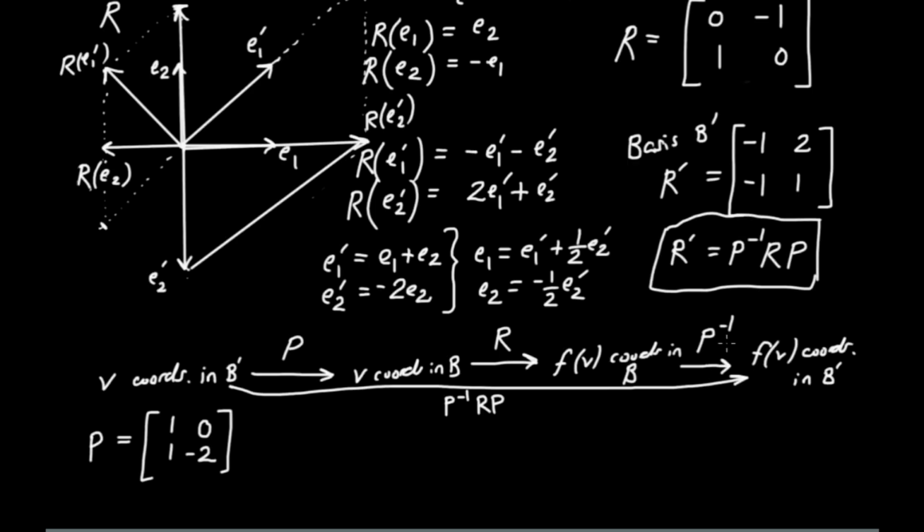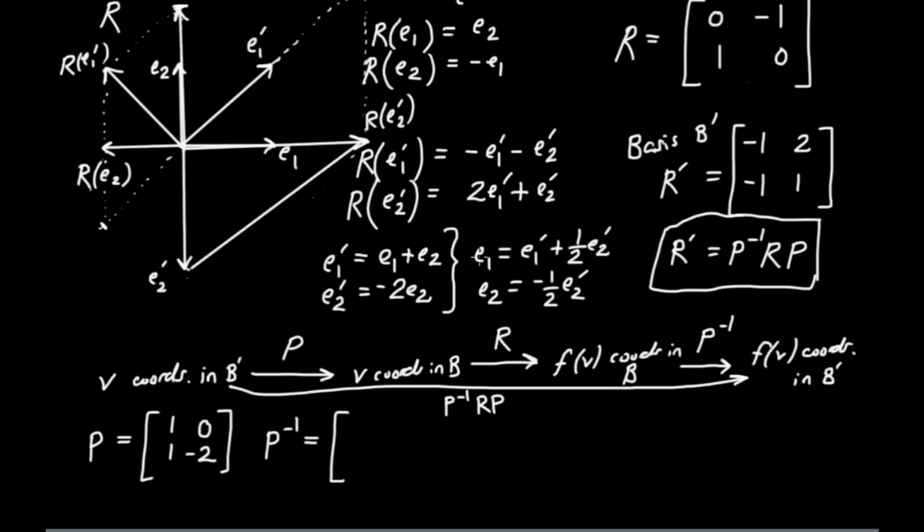Now, to find P inverse, which is going in reverse, mapping coordinates in B to coordinates in B prime, we can either do a little computation and calculate what the inverse matrix is going to be, or we can use very similar reasoning. We just look at the setup here.